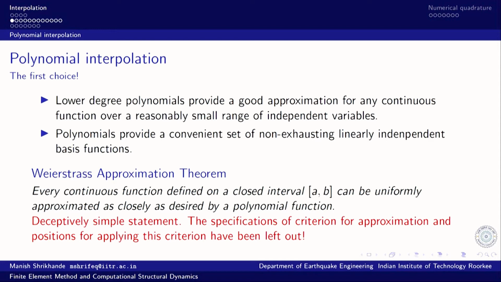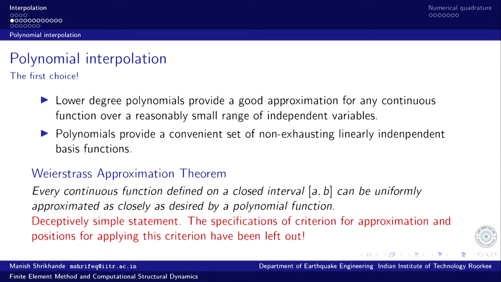For capturing cubic variation, I will need to incorporate a cubic term in the approximation. There is no other way to generate that. So, that is the linear independence of all the terms in the polynomial family.